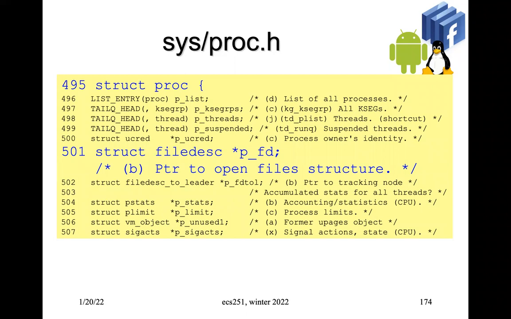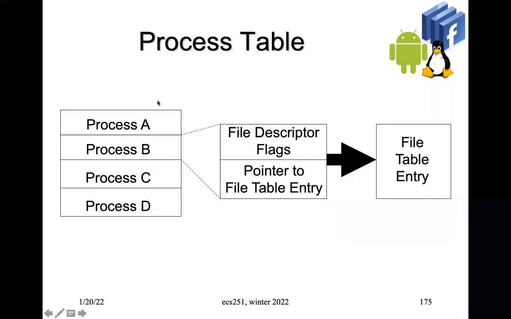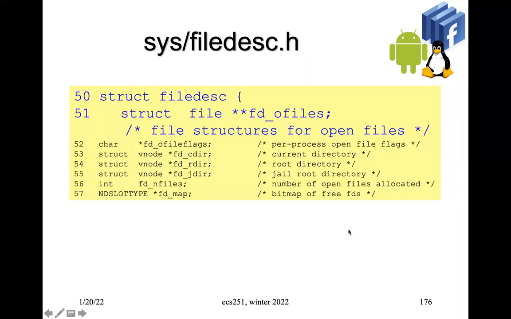This is called P_FD, for file descriptor. So you have a process table, defined under proc.h, and there you have a pointer to the file descriptor, which is a pointer to the file table entry.